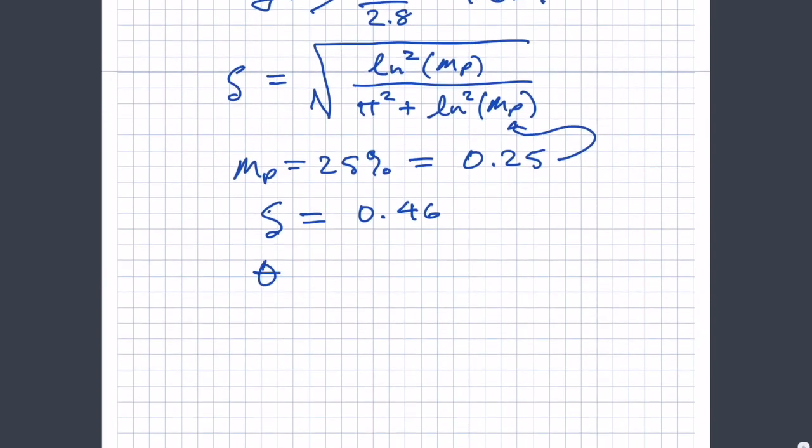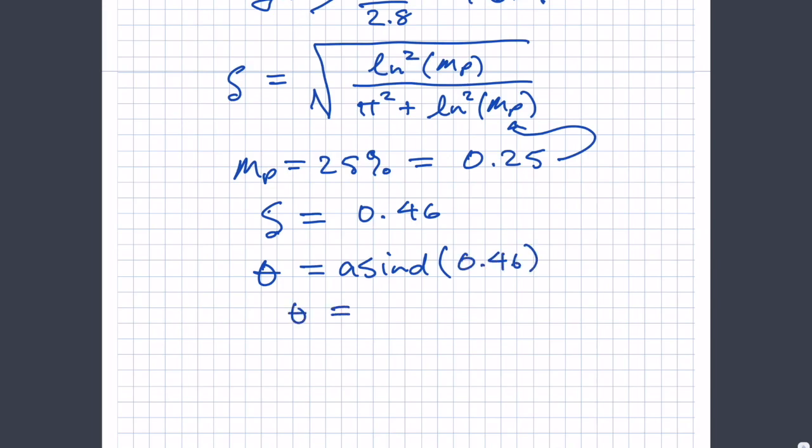Then, to sketch the region, I need to know theta. I'll show you the picture here in a second. It's the arcsine, in degrees. In MATLAB, there's a command called asind that gives you the answer back in degrees of 0.46.